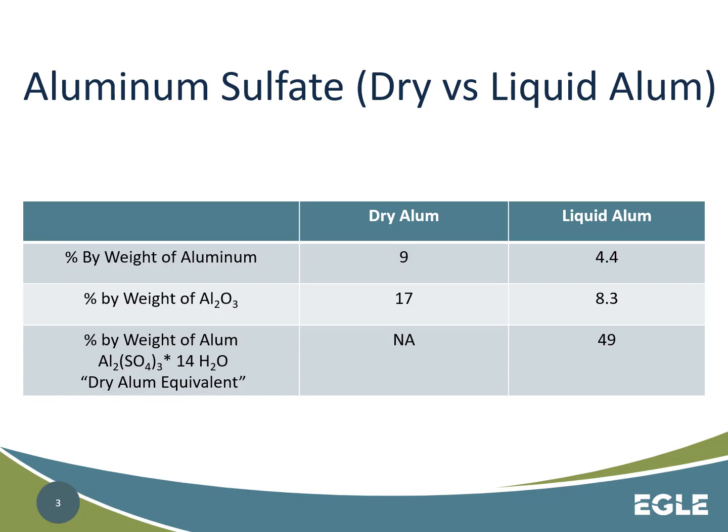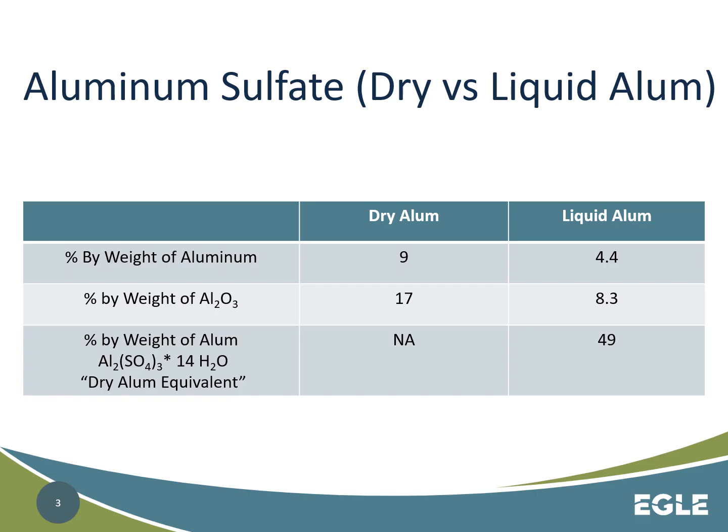So if we take a look at dry alum itself, dry alum has a percent by weight of around 9% aluminum ion, meaning that if you have dry alum up on a scale and you measure, I don't know, 100 pounds of it, 9% of it, or 9 pounds of those 100 pounds, will be pure aluminum ion.